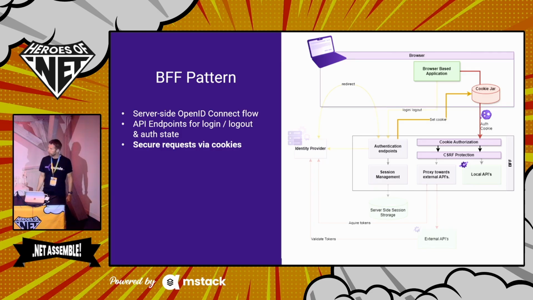It's very important. Now, if you do this, if you use cookies to secure your site, you have to implement something that is called CSRF protection, cross-site request forgery. Now, I don't think I have time to go into what exactly that is, but it's really easy. .NET already has CSRF protection built in.